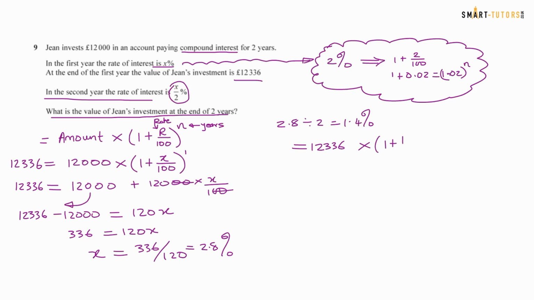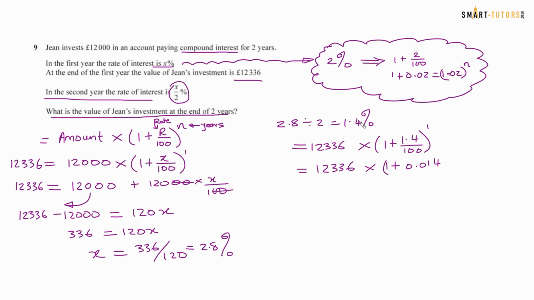You can't use the 12,000, that is year 1. At the end of year 1, she got 12,336. So you need to continue the question from that amount. So 1 plus 1.4 over 100 to the power 1, because the second year is considered as one year.